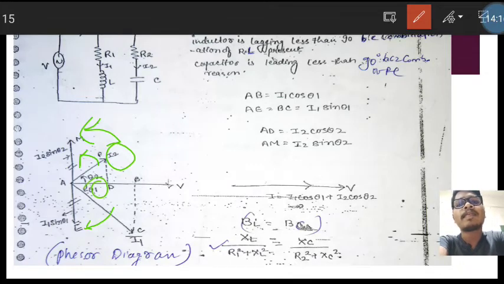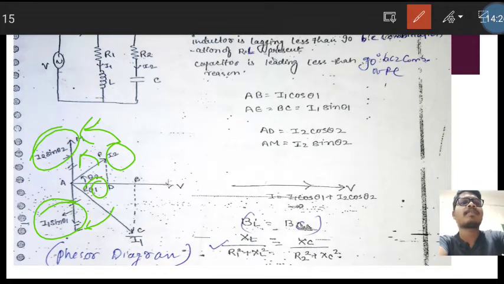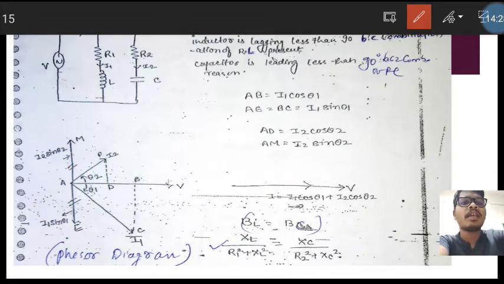After this, I2 sin theta 2 and I1 sin theta 1 cancel each other. So AB is equal to I1 cos theta 1, and on this side AB is also I2 cos theta 2.